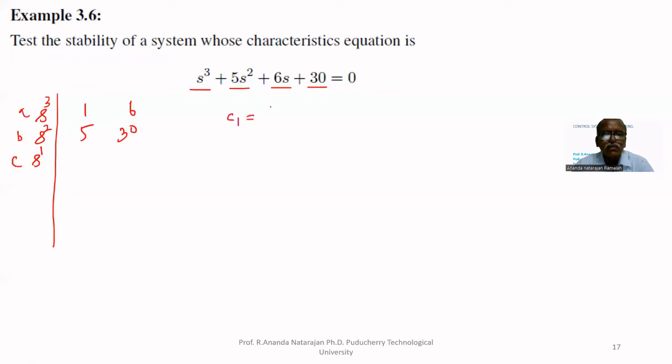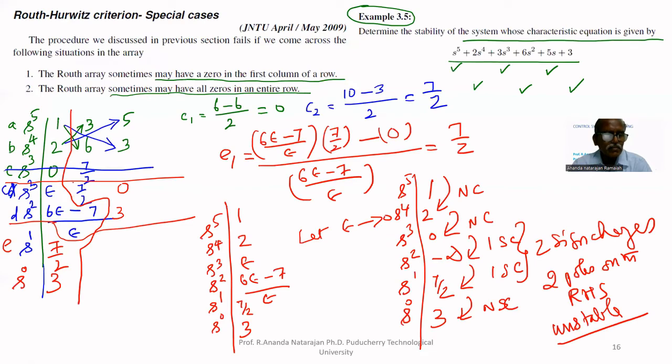Therefore, C1 equal to (30 minus 30) divided by 5 equal to 0. So we cannot proceed further. Do we have to replace it by epsilon, or what do we have to do? For that, we have to see the previous example.